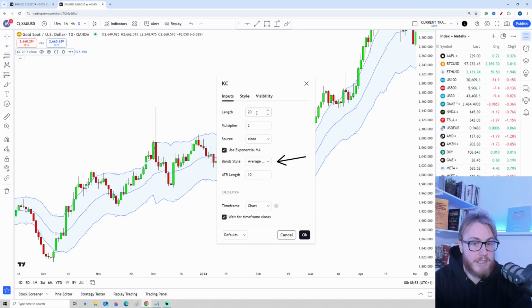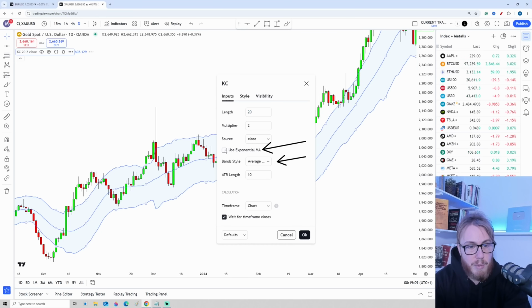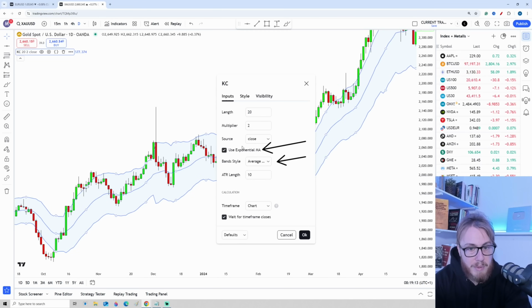And what you also can notice here is that the standard length of the middle moving average is 20, but for Keltner channels, the standard setting is to use an exponential moving average. So this is what this setting does. If we uncheck this setting, we will use a simple moving average, and if we check this setting, we will use an exponential moving average.